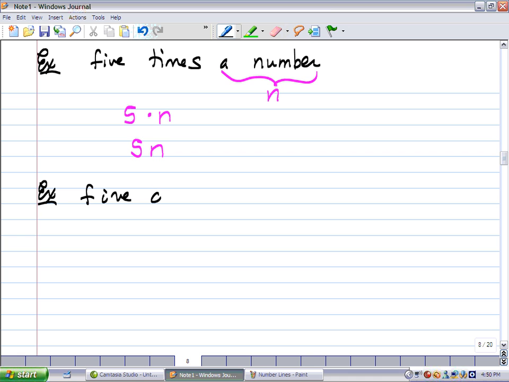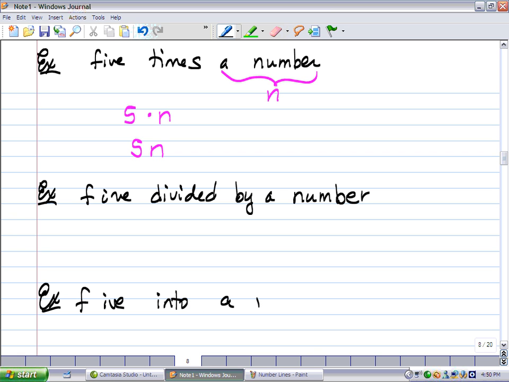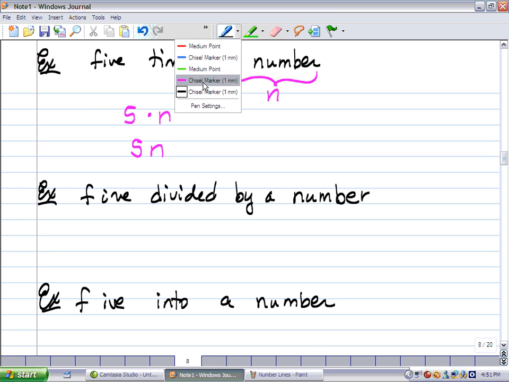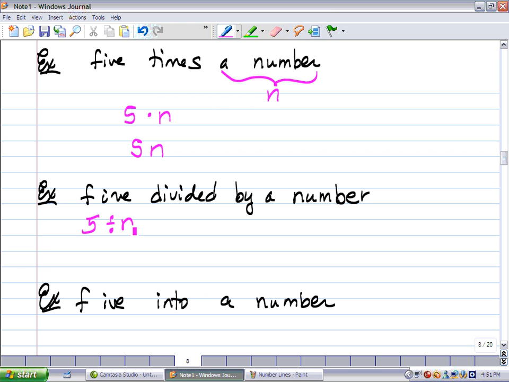5 divided by a number and 5 into a number. Two different examples here. So 5 divided by a number would be 5 divided by n, or more typically we write them as a fraction, 5 over n.